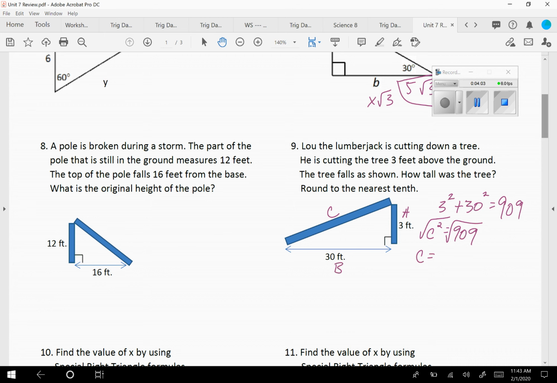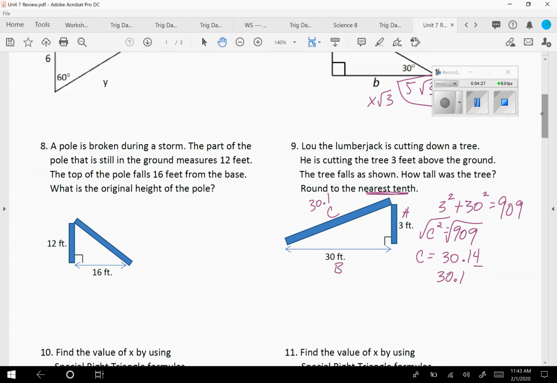So take our square root of 909, and it says round to the nearest tenth. So we get 30, and it says 0.14. So look at the 4. That's not going to make the 1 go up, so it's just 30.1. So that is this part here.